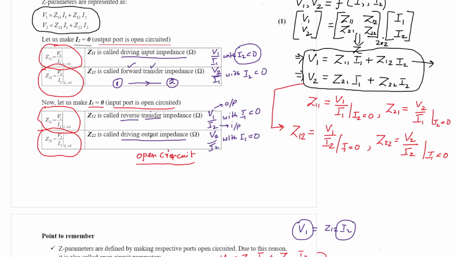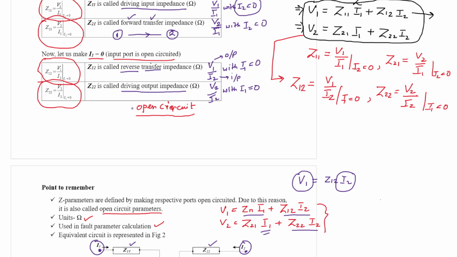So we have encountered four nomenclatures. First, driving input impedance, which is Z11. Next, driving output impedance, which is Z22.